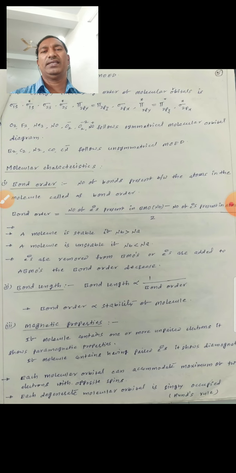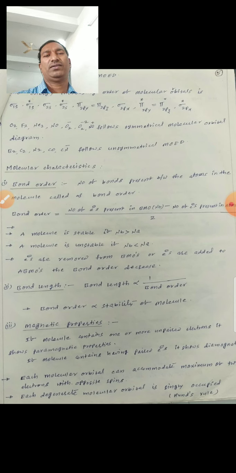So the energy increasing order of molecular orbitals is the same up to sigma 2s for symmetrical and unsymmetrical diagrams. The remaining will change. See here: sigma 1s, sigma star 1s, sigma 2s, sigma star 2s, pi 2py equal to pi 2pz, next sigma 2px, next pi star 2py, pi star 2pz, and sigma star 2px.